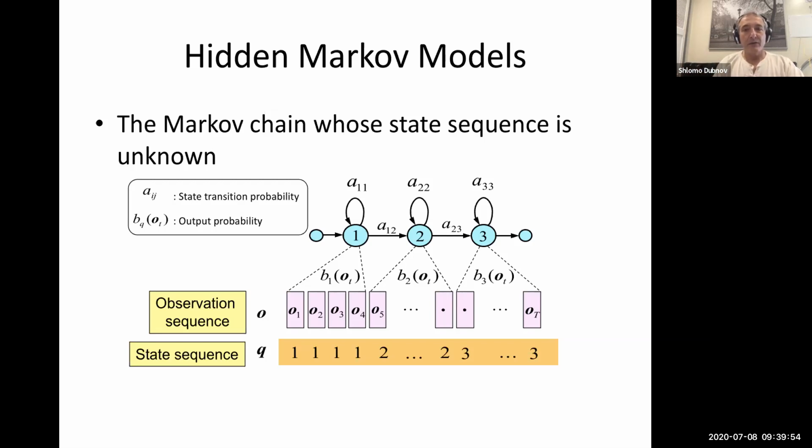The idea in hidden Markov model is that we create this one step beyond the Markov model by hiding it. So this is where the hidden comes from.